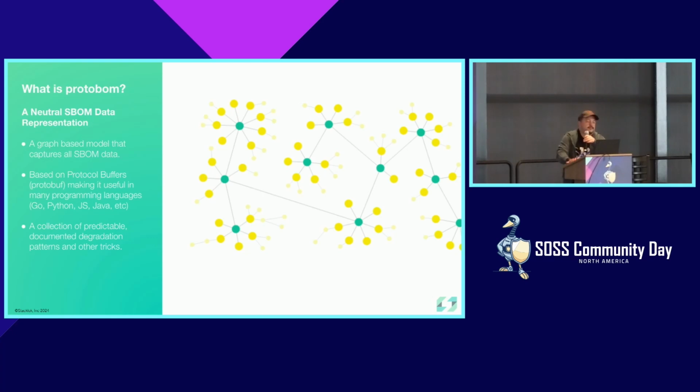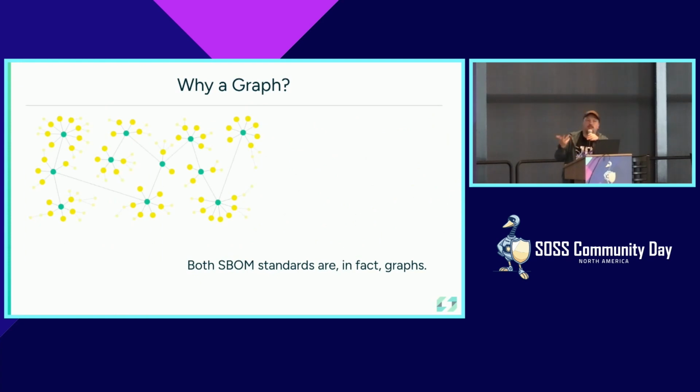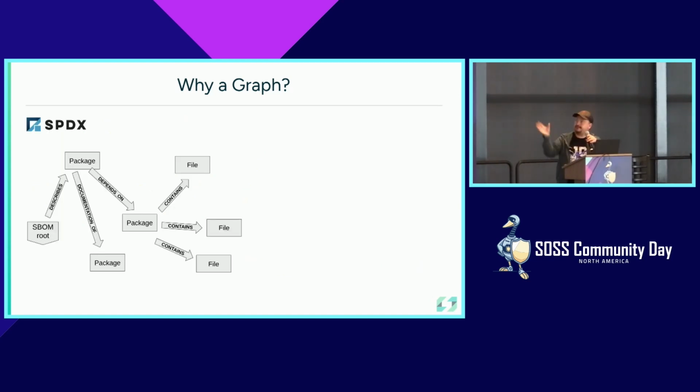And what is protobom? So protobom is an abstraction of the SBOM graph data. Protobom will look at your SBOM and abstract it, and you may be asking, why is it a graph? Well, the answer is that both SBOM formats are in reality a graph. SPDX was born since the beginning as a graph of linked data.